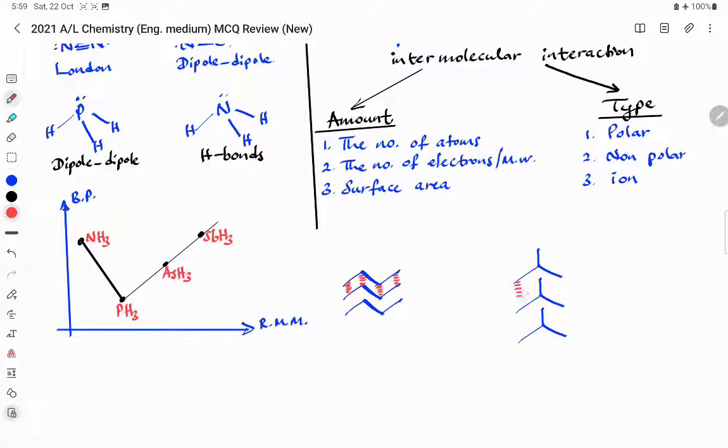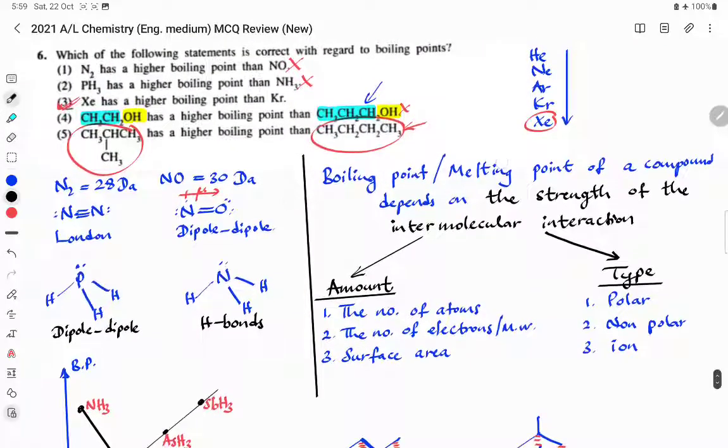Here the London force is longer, therefore it's weaker, and only a few London forces are formed. Therefore, linear or long chain hydrocarbons will have higher melting points or boiling points with respect to branched ones. Therefore, the fifth statement is also incorrect. This is also wrong. So the answer for the sixth question will be the third answer. Let's go to the next question.